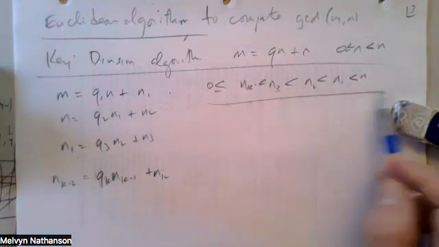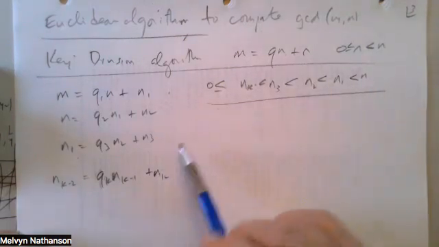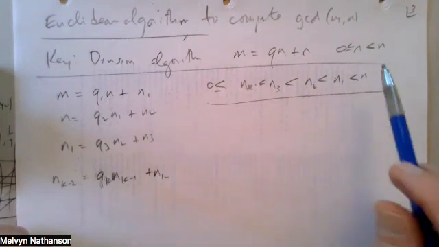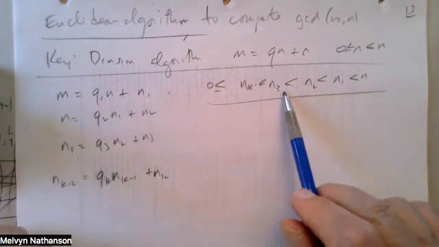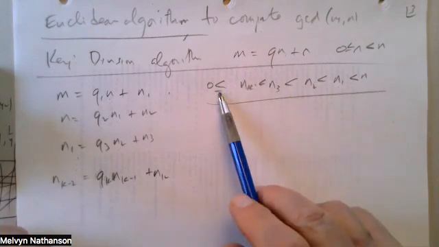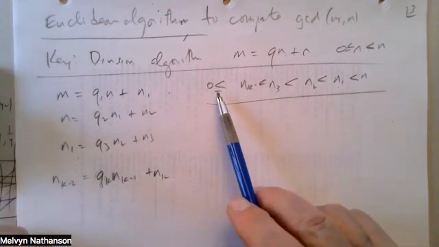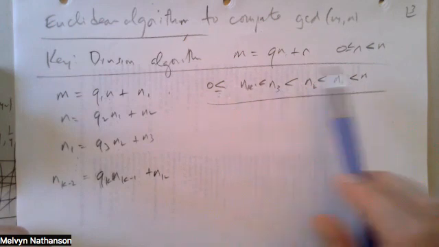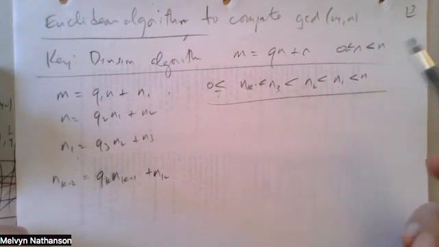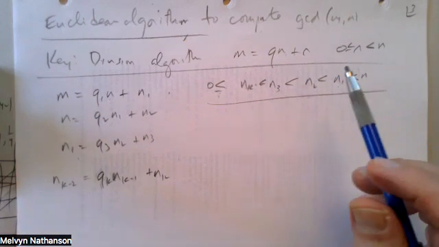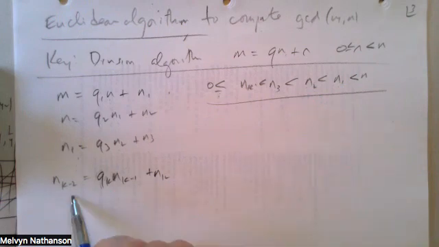But now this is the important thing. As I do one long division after another, the remainders are strictly decreasing integers greater than or equal to 0, which means eventually I have to get a remainder of 0. You can't have infinitely many positive integers strictly decreasing. Eventually, you have to hit 0.